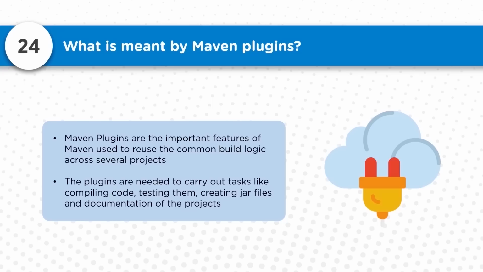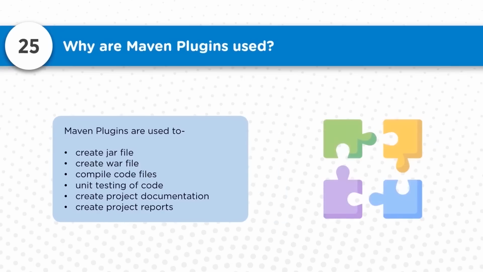I don't have to do any workarounds, and with small automations I can integrate these Maven plugins into my .xml file and have particular procedures and steps executed. That's the biggest benefit we get with Maven plugins. Now, why exactly are Maven plugins utilized?